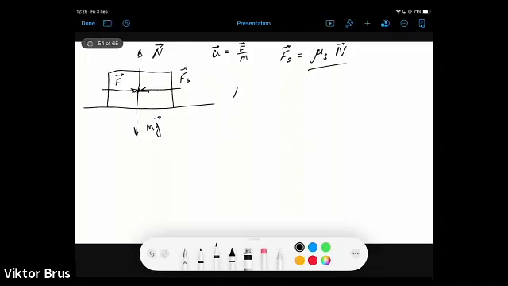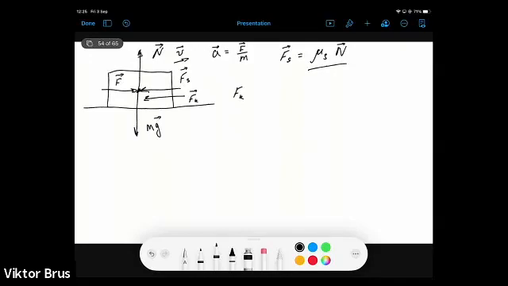When this body starts to move with some velocity, we have F kinetic acting on this body.